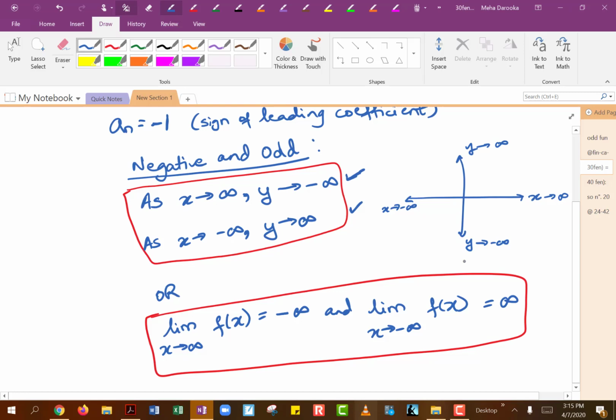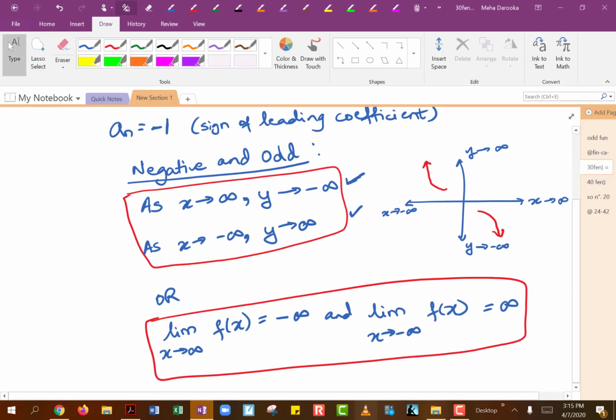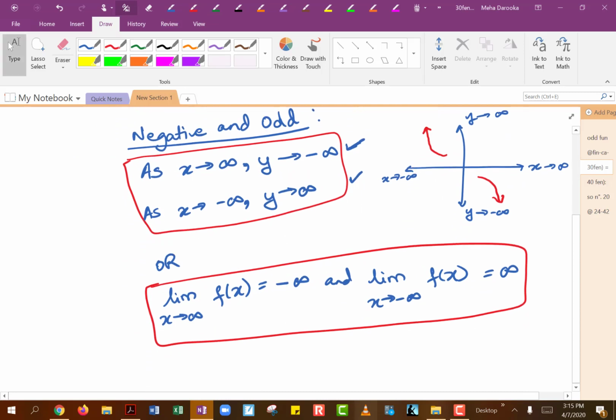So we are basically saying as x goes to positive infinity, y goes to negative infinity, which means your arm of the graph will be going down in this way. And for the second part where x goes to negative infinity, y goes to positive infinity, your arm will be doing this kind of thing on the left-hand side. So that's the end behavior that we're talking about. So those are the three different ways that you can write your answer here.